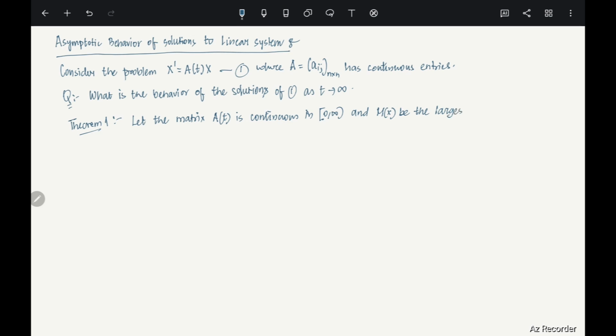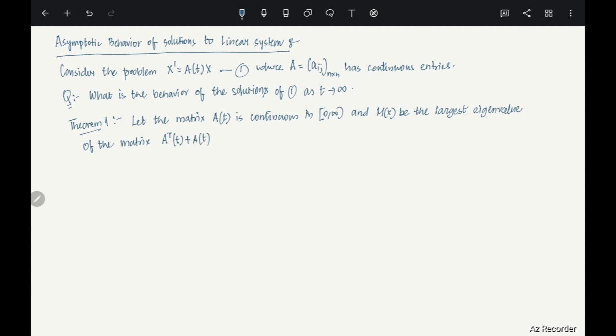And let m of t be the largest eigenvalue of the matrix A transpose of t plus A of t.